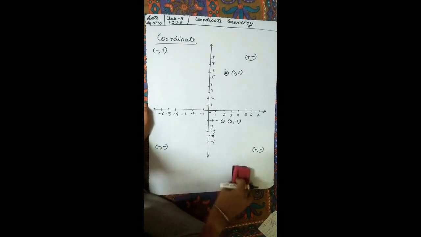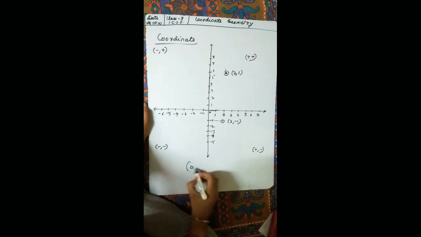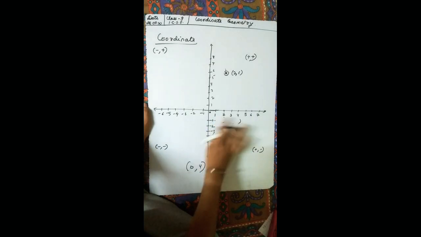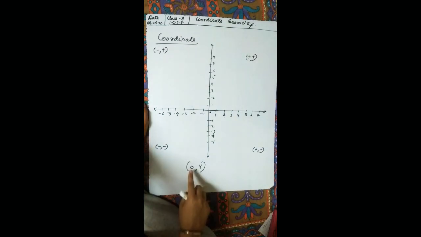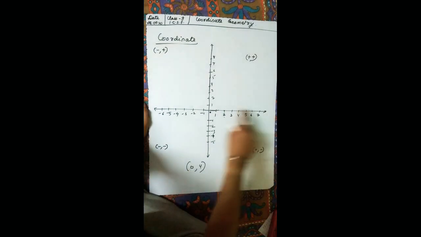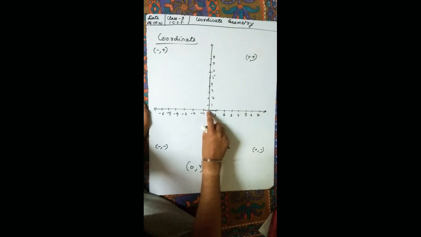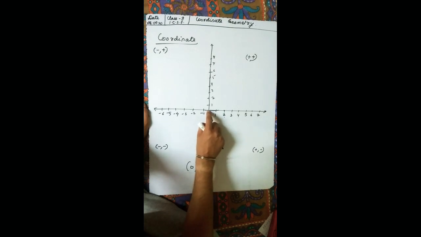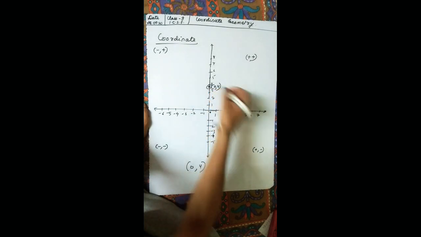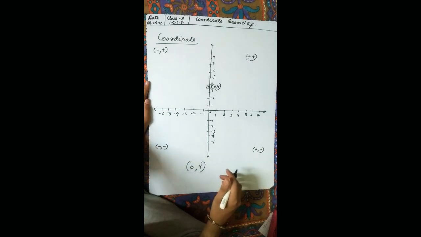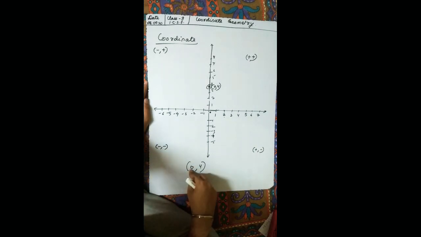Now if I say 0, 4, how will you plot 0, 4? Where x is 0, so x is here, and y is 4. So this will be your 0 and 4. You can understand it in a way that x is 0, so x is absent.